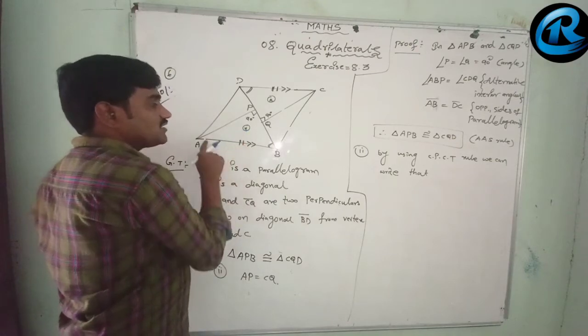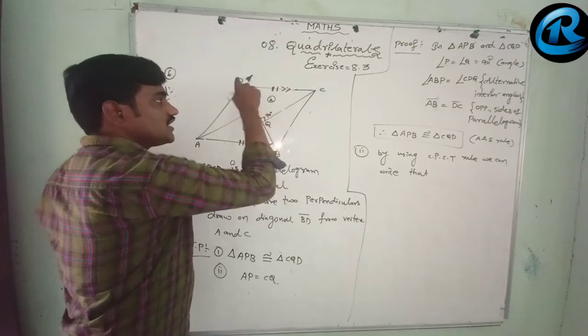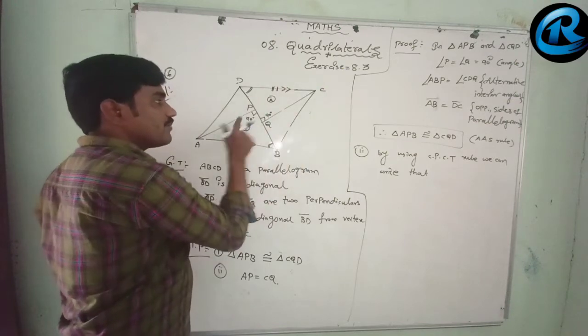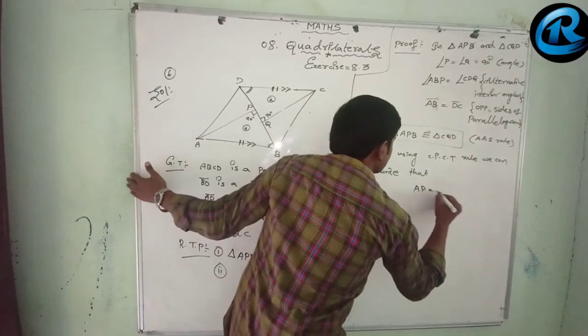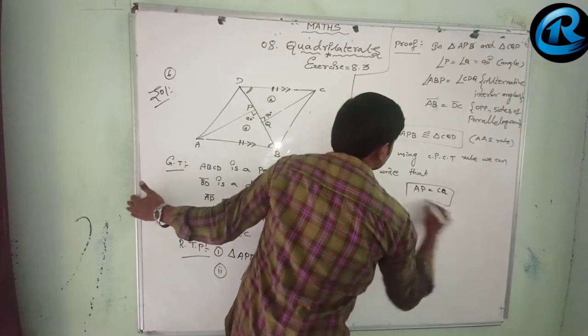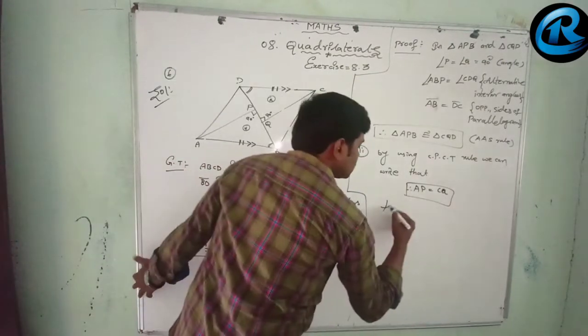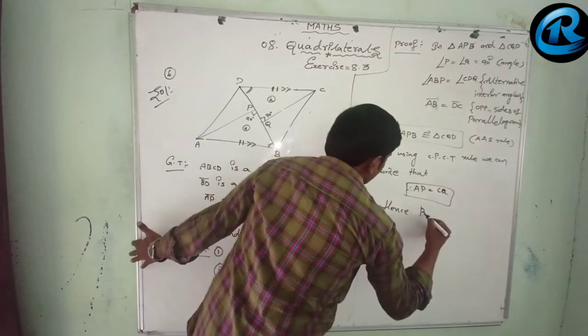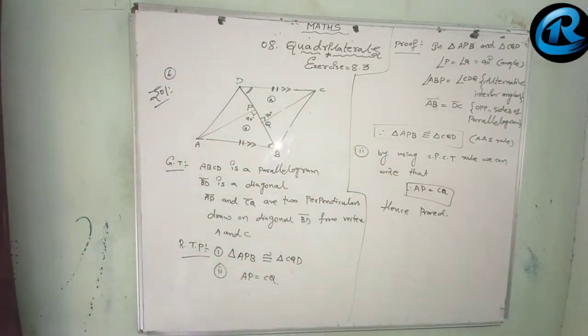AP is a part of triangle ABP and CQ is a part of triangle CDQ. So AP and CQ are also equal. AP is equal to CQ by CPCT rule. Hence proved. Look how easy it is.